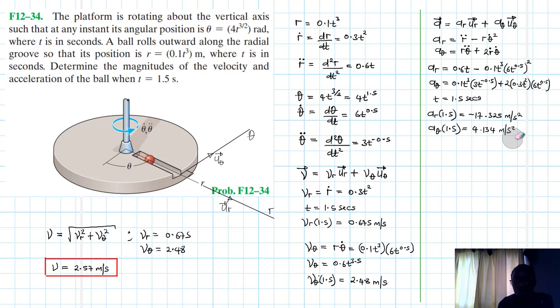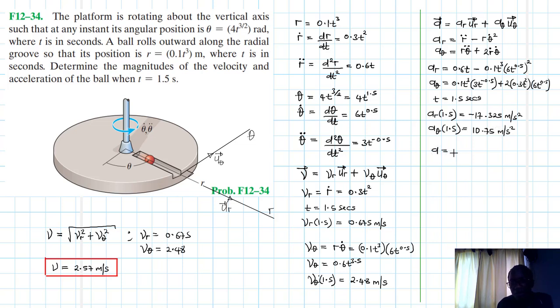Okay, I think I made a mistake here. So this one is 10.75 meters per second squared.